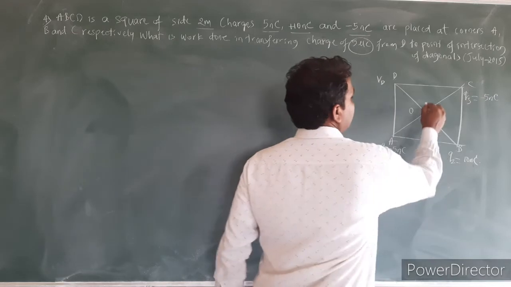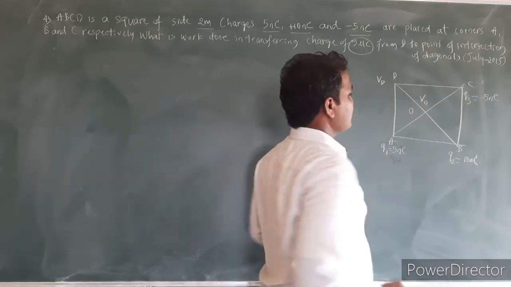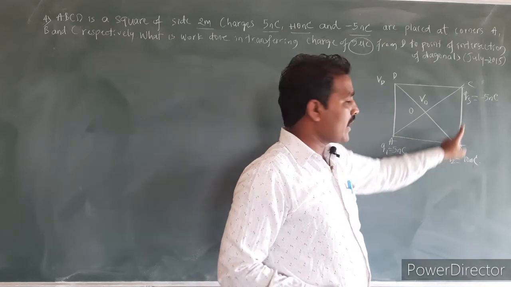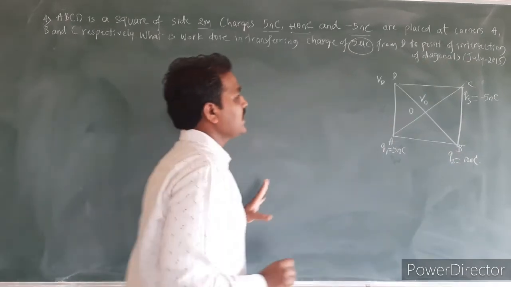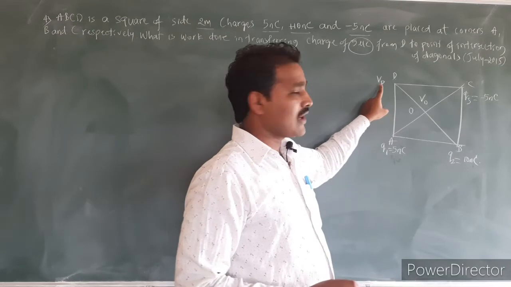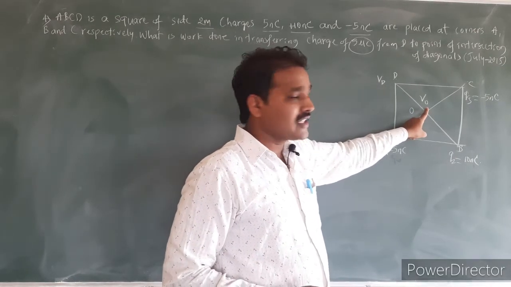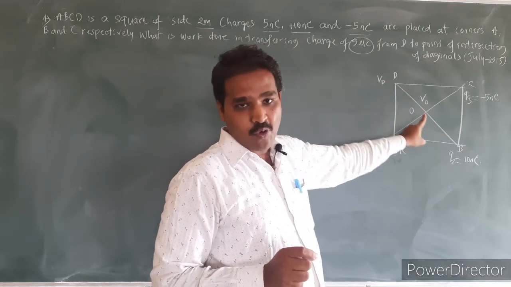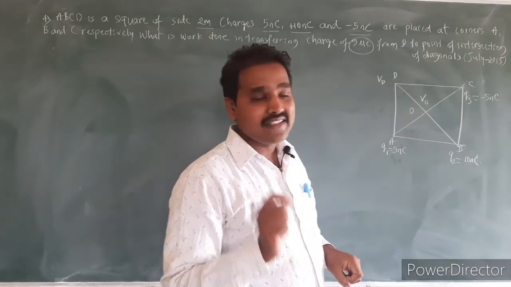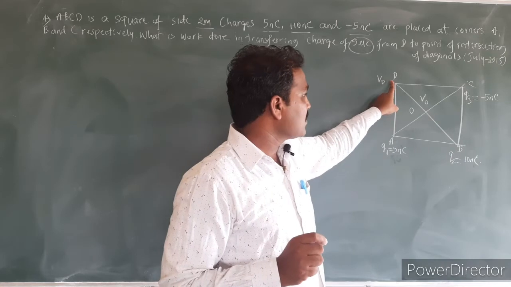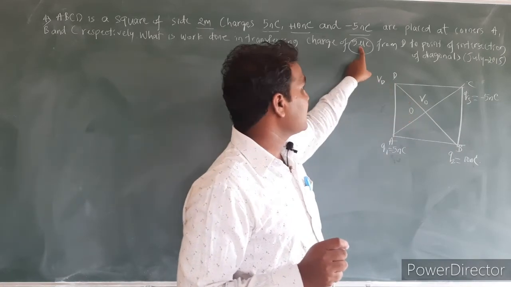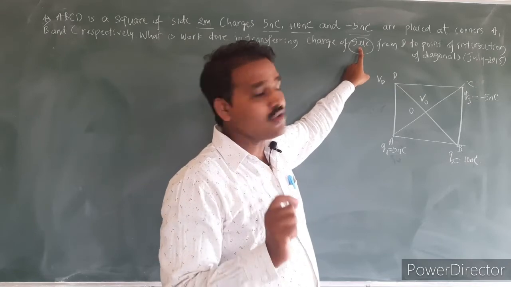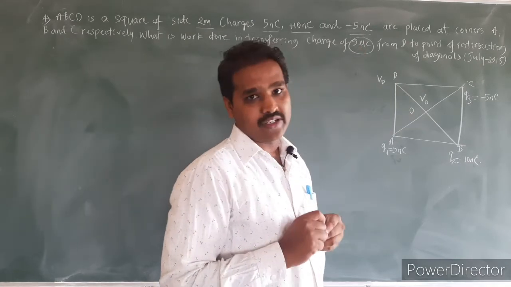Similarly, VO is the potential at point O because of the source charges Q1, Q2 and Q3. First we shall separately find the value of VD, then the value of VO, then the potential difference between those 2 points. The work done is the product of the potential difference and the magnitude of the test charge that we are moving.